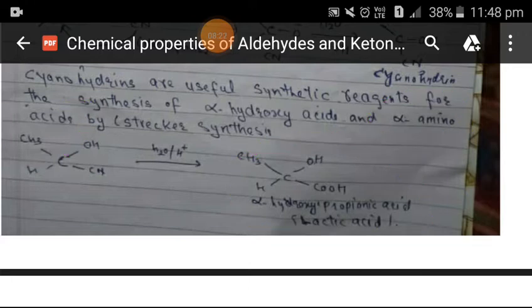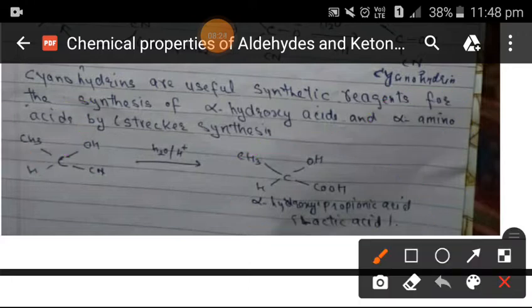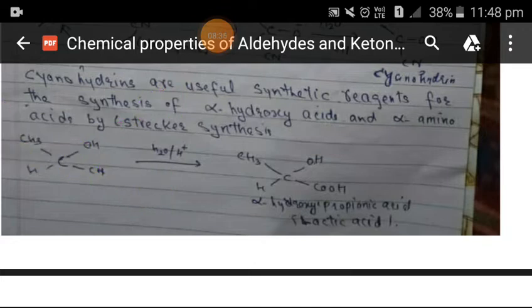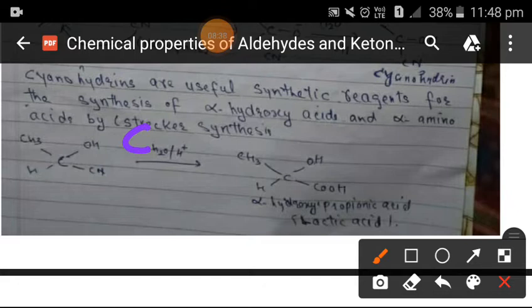Let us see how they are prepared. Take the example of the cyanohydrin. Actually this is not working properly, sorry for that.